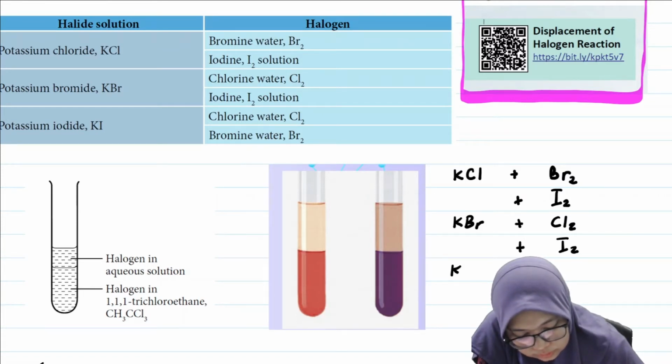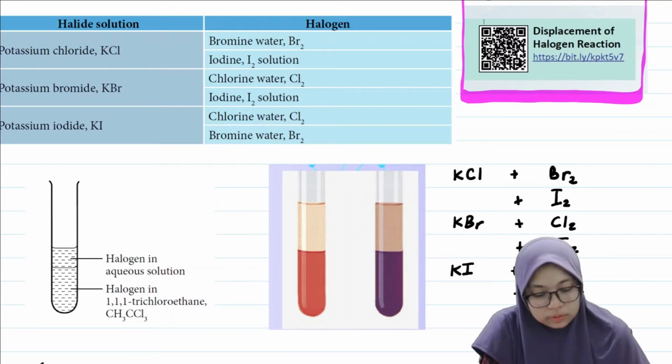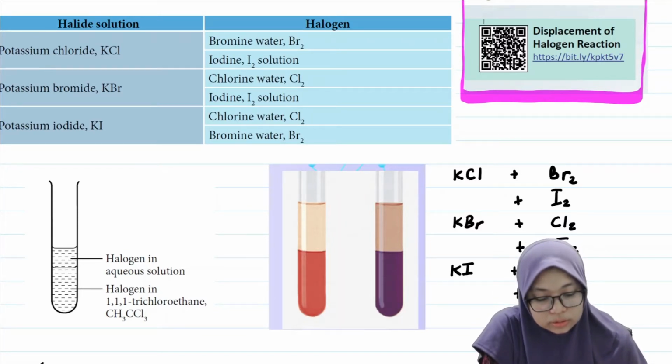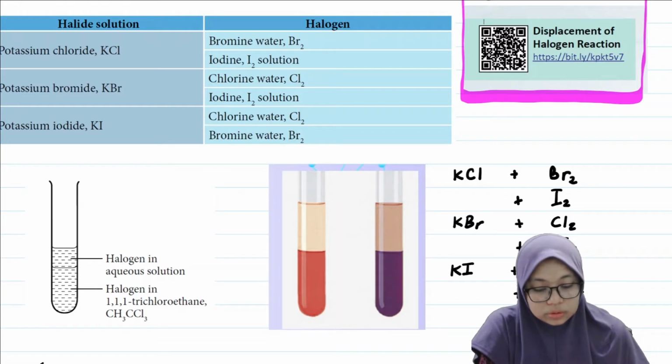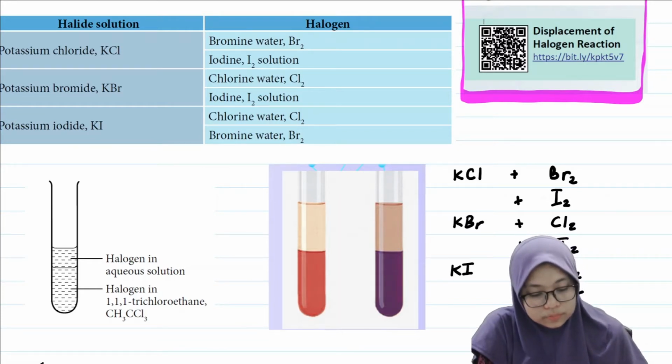The last one is potassium iodide that we try to react with chlorine and bromine. From the previous explanation, the concept, we have to determine which reaction will produce a new product and which reaction will not produce a new product. This is based on the reactivity.